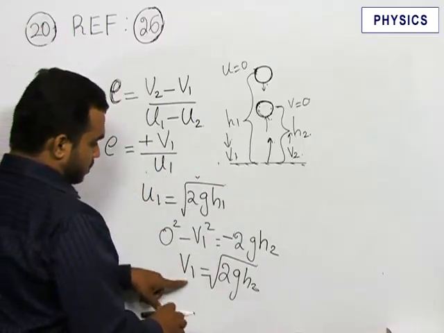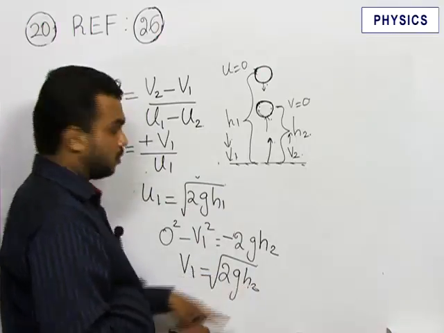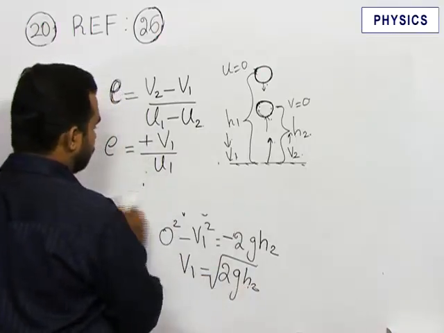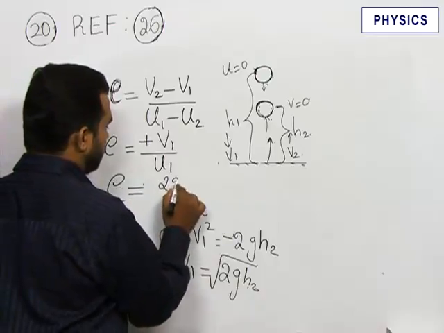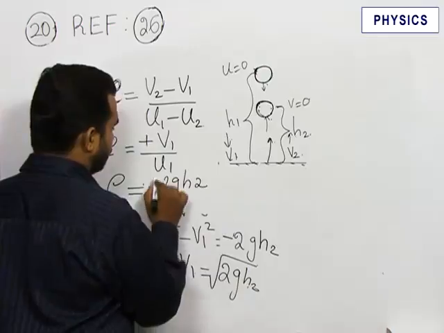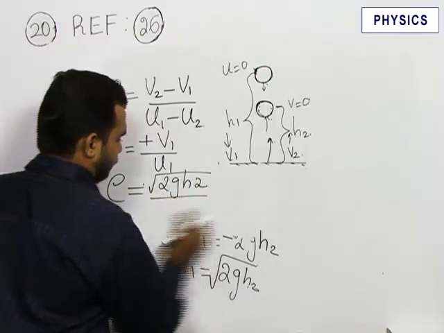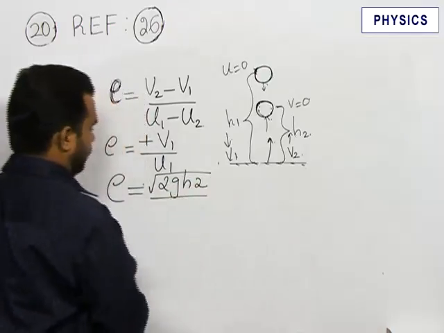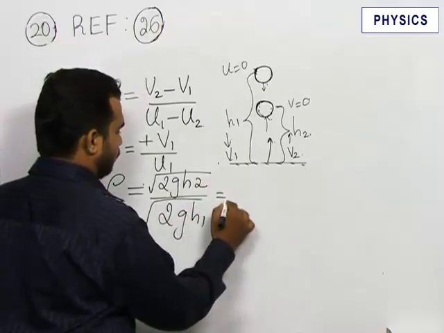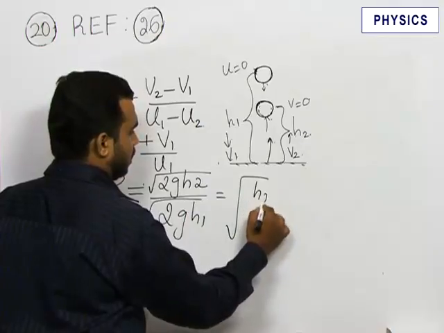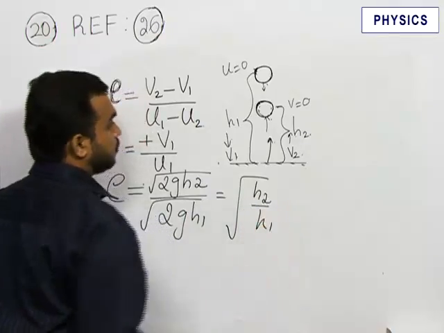So v1 is root of 2gh2, and e is equal to root of 2gh2 divided by root of 2gh1, which is nothing but root of h2 by h1.